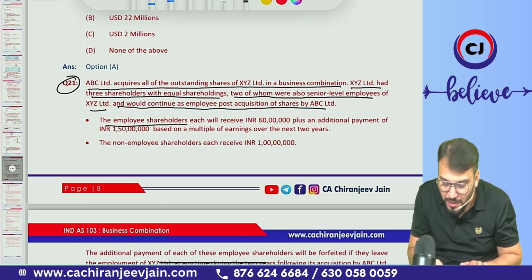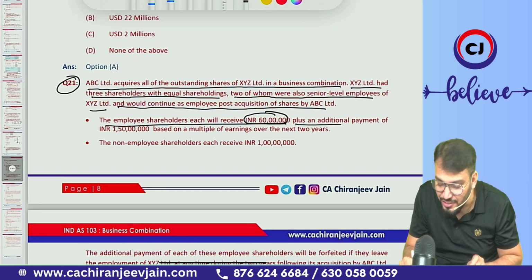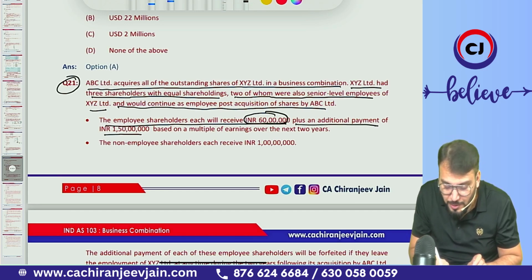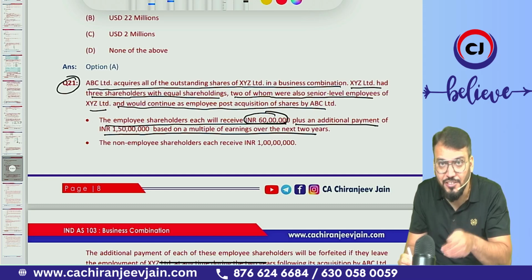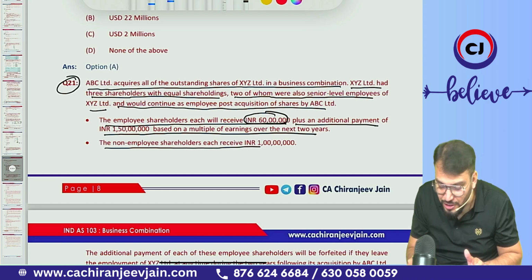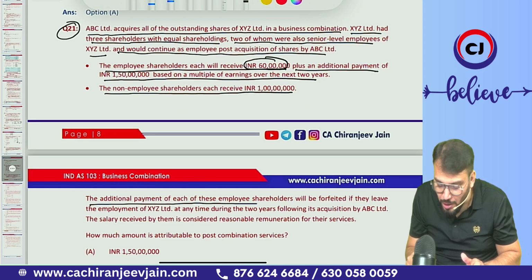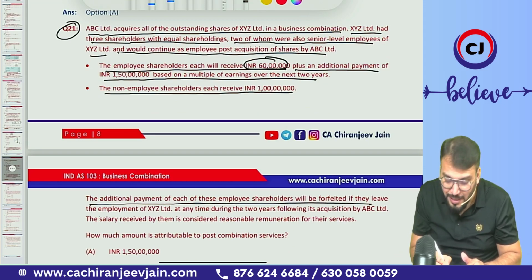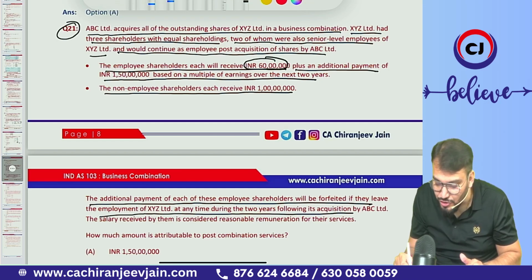The employee shareholders each will receive 60 lakh, a fixed payment that will be included in PC, plus an additional payment of 1 crore 50 lakh based on a multiple of earnings over the next 2 years. So can you say the additional payment is a contingent payment? Yes. The non-employee shareholders each receive rupees 1 crore. The additional payment of each employee shareholder will be forfeited if they leave the employment of XYZ Limited at any time during the 2 years following the acquisition by ABC Limited.